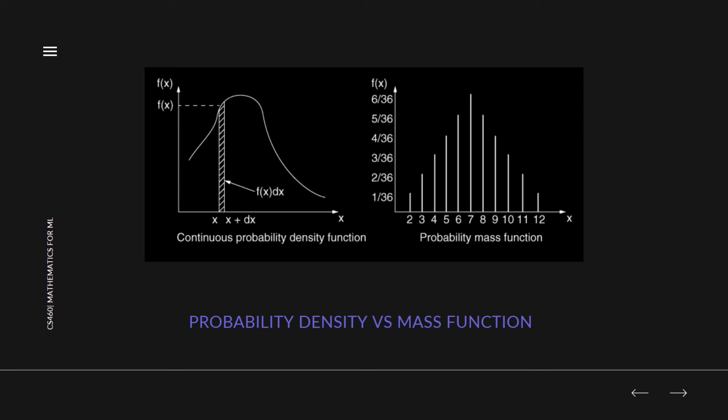In both cases, the total probability is 1. In the discrete case, summation of p(x) is 1, and in case of continuous probability density function, integration of f(x) dx is 1.